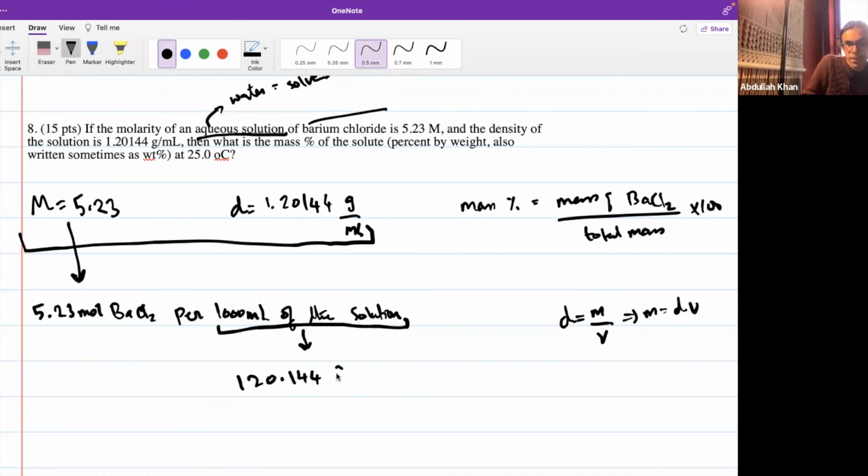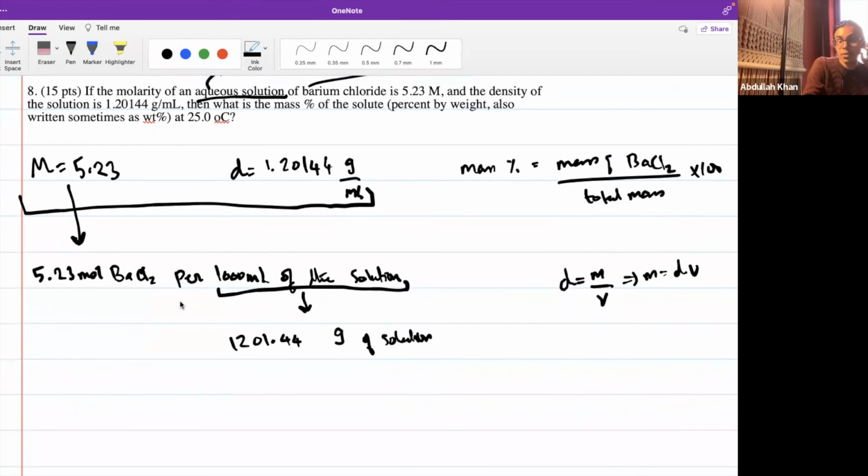So that's 1,201.44 grams of solution. Awesome. So we have the grams of the solution.